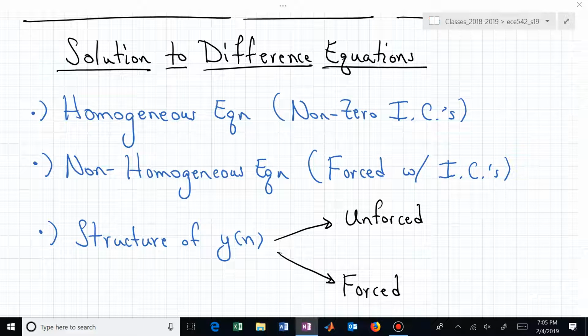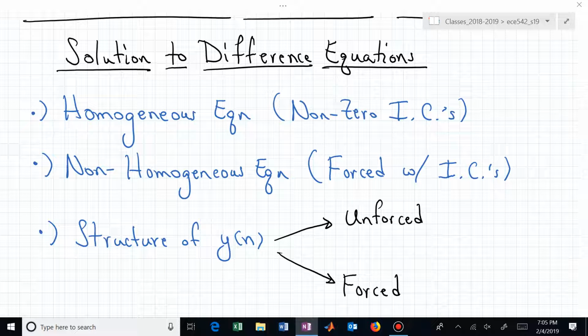If I give you a difference equation, you should be able to come up with different ways of solving that. I might say, find the solution to a homogeneous equation. Or maybe I force this equation with a non-homogeneous input. So we now have a forced equation with initial conditions.